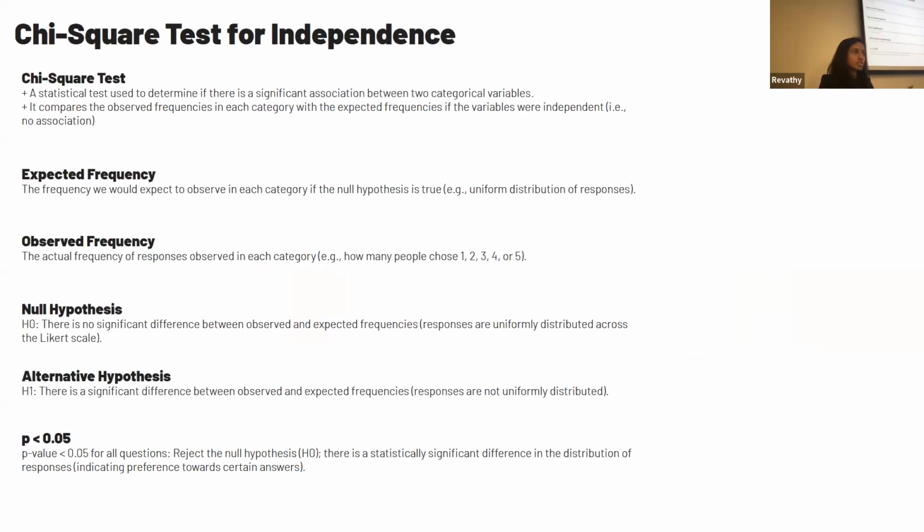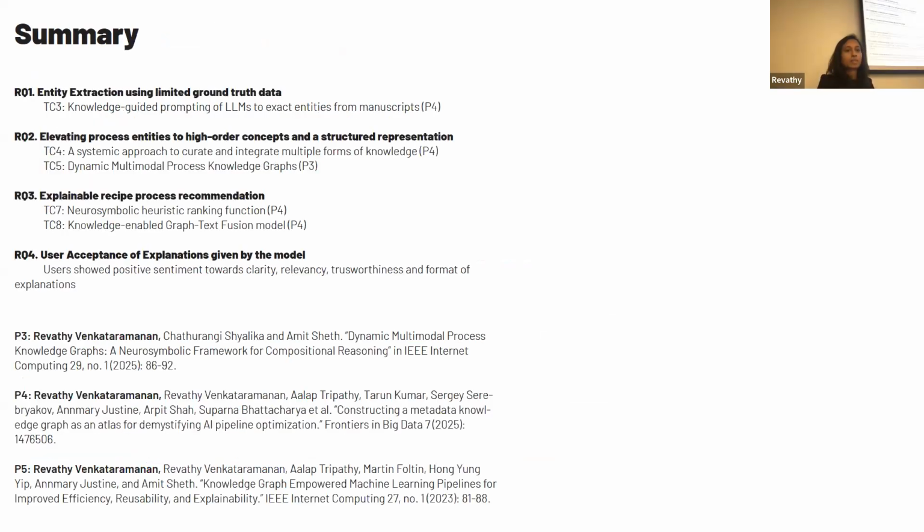When we did a chi-square test for this one, we had 37 participants, which was a good amount of participants to conduct this test as well. The p-value was less than 0.05 for all the questions under each repository, proving that the results that we got were statistically significant.